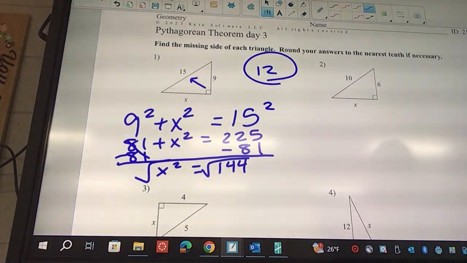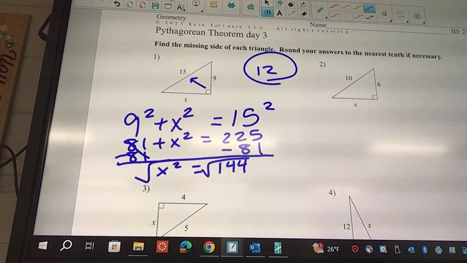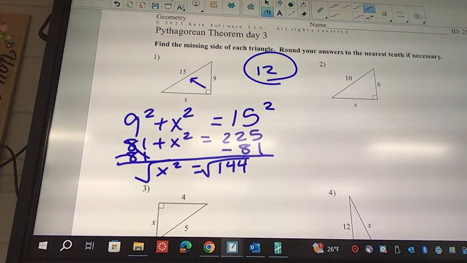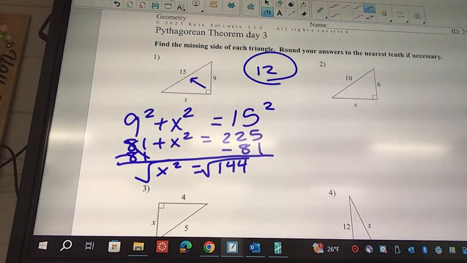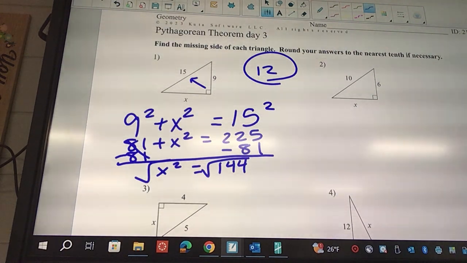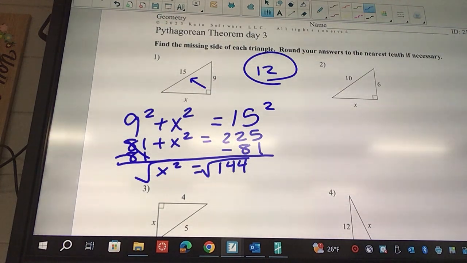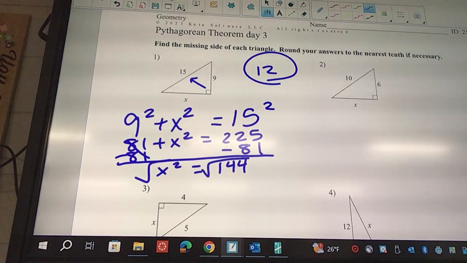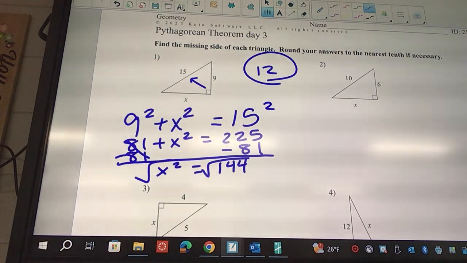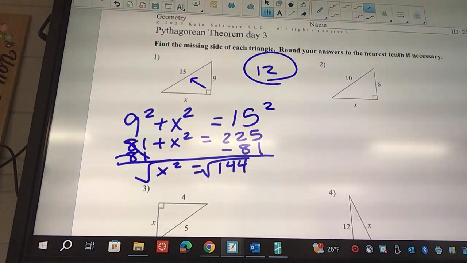Now, what is a good way you can tell if the number might be right? Does anybody know? It should be less than what? The other two sides.